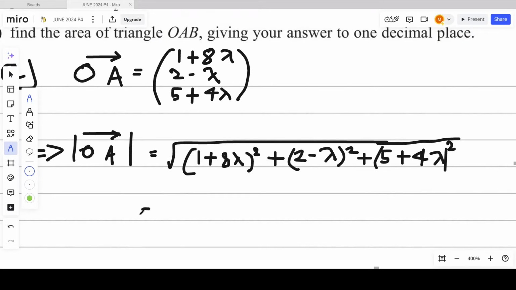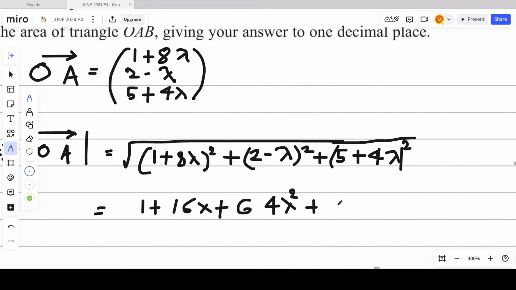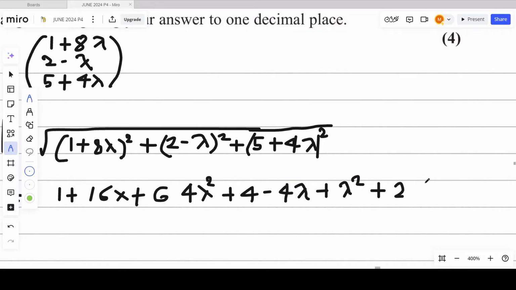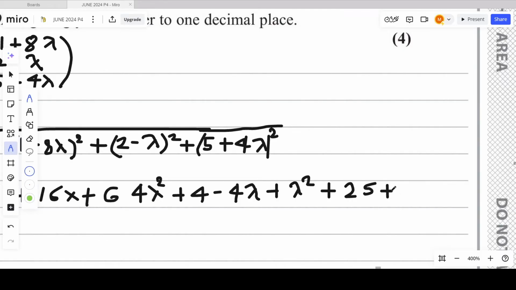Now expand the brackets, using a squared plus 2ab plus b squared.